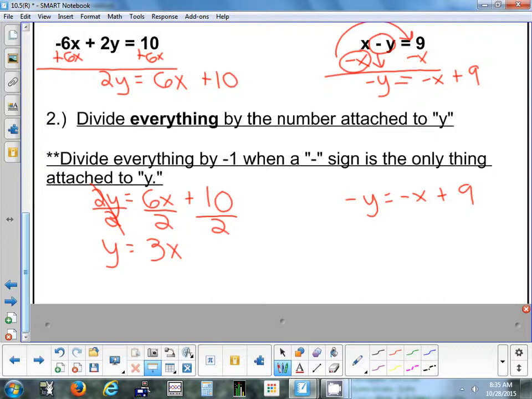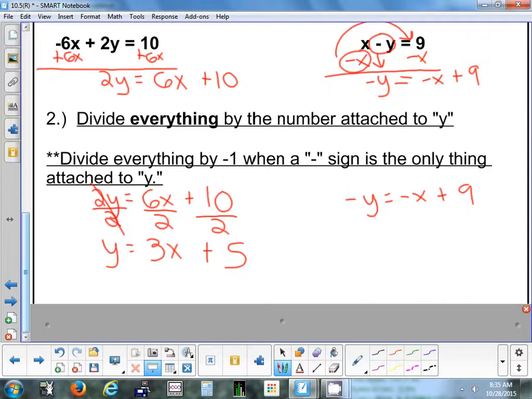What do I get? Positive or negative? Positive. At that point, for that example, I am ready to graph. Y is by itself. I have the equal sign, x, sign, and then just a number. I'm in good shape. Now, you all set, Gage? You all set over there?